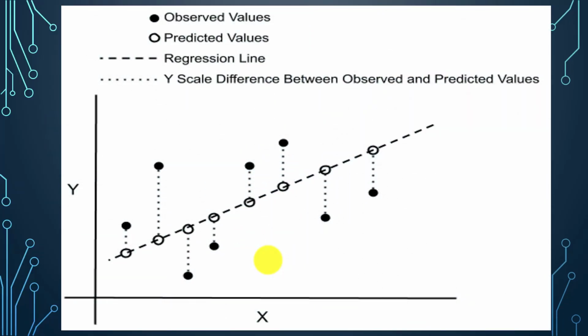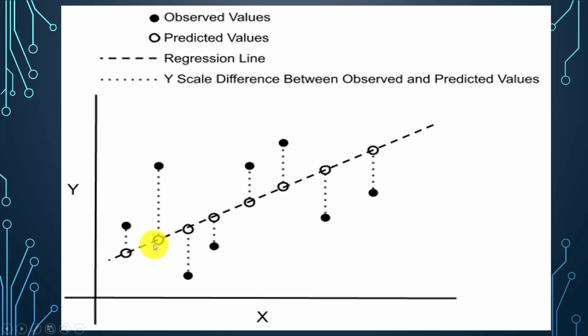Now consider this diagram. In this diagram you can see the x-axis and y-axis. These are the two kinds of points. The dotted points are all the observed values, also called actual values. And the circles are the predicted values. These are predicted or estimated values, and the line through them is called the regression line.